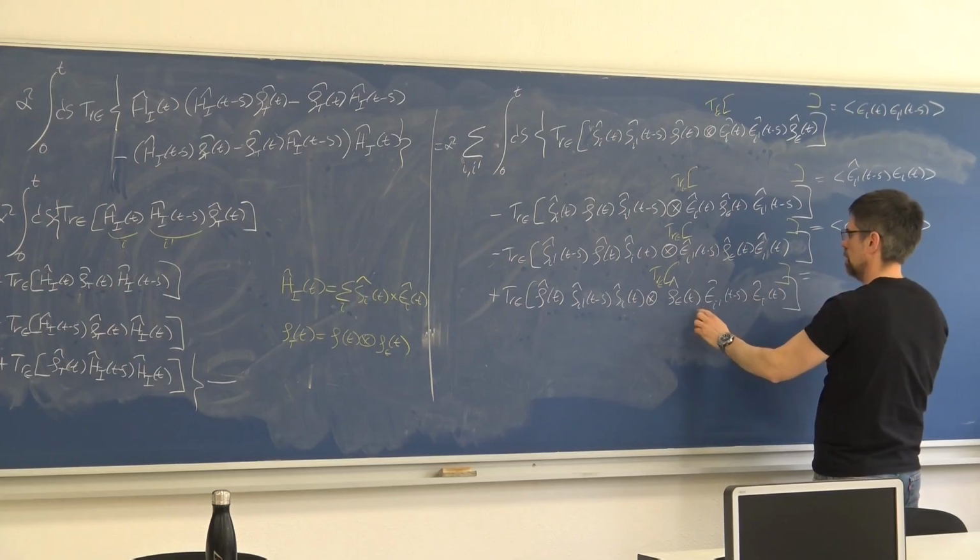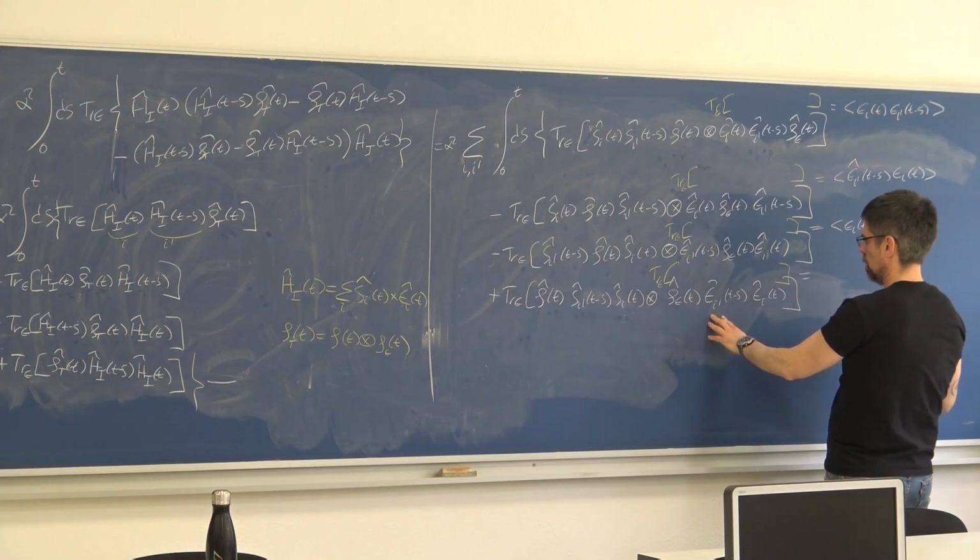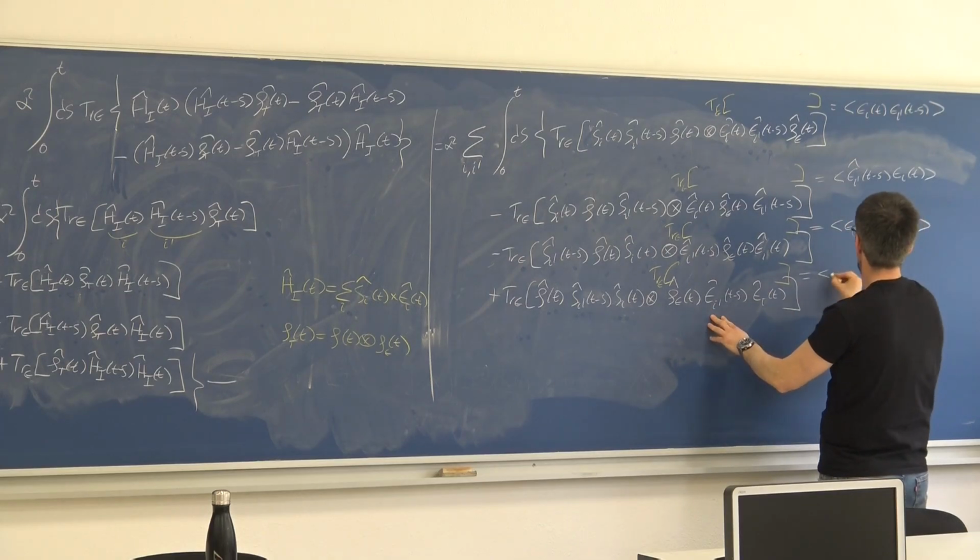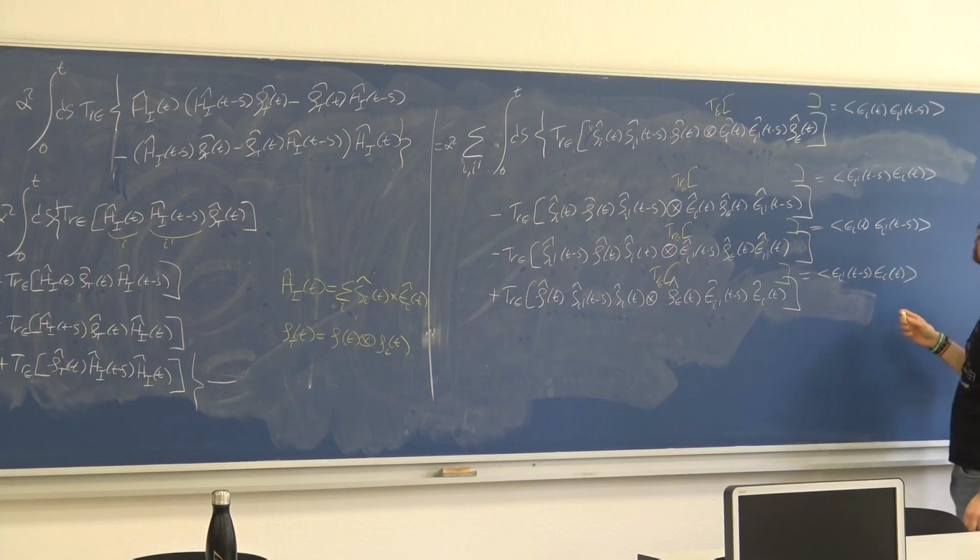And this one will be equal to this other one. This hat I now lose. Okay? So we get this, and then all the same.